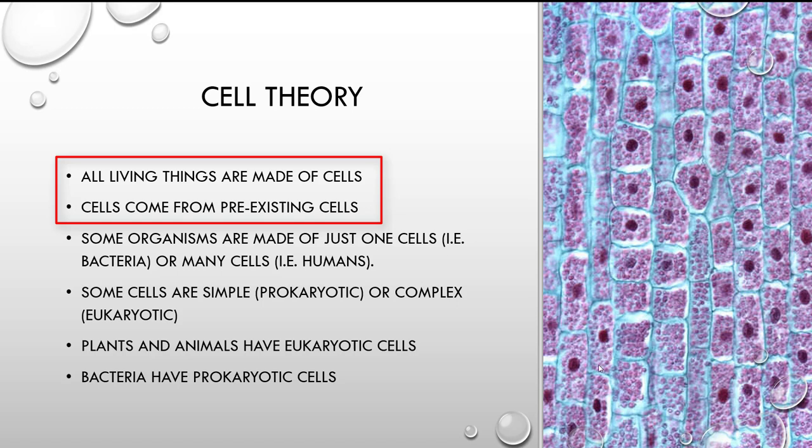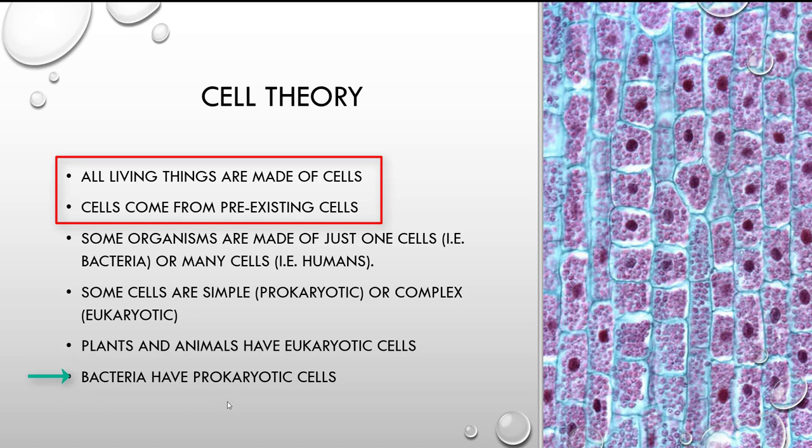This plant is made of multiple cells, you can see here. Some cells are simple, like our prokaryotic cell, they lack a nucleus, or they could be complex, like our eukaryotic cell. Like our plant here, you can see each one of its cells has a nucleus in the center. Plants and animals have eukaryotic cells. Bacteria have prokaryotic cells.